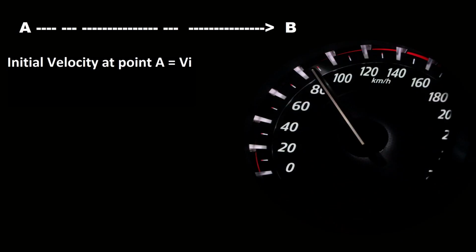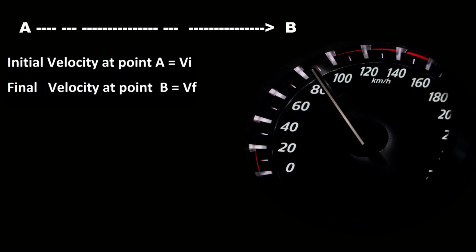So the velocity of the body at point A, for example, is Vi, and the velocity of the body at point B can be considered as Vf. So Vi is the initial velocity of the body we observed at point A, and Vf is the final, the last velocity we observed in that moving body. These two velocities, initial and final, we observed at points A and B.